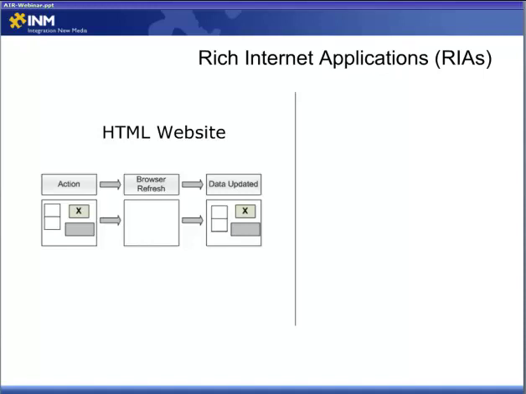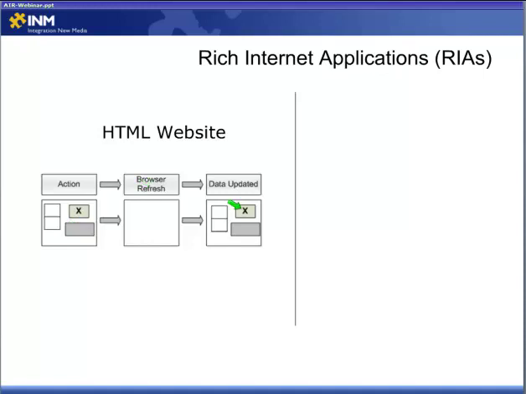So if we look at this particular example, we have an HTML website, so you have an action that's being taken. For example, if a user comes to a website and starts to fill out an HTML form, they may check a box on that form and at the end of the process hit the submit button. What happens in this particular situation with an HTML site is that the call gets sent to the server, and the server then says, oh, okay, check box A, and it refreshes the browser and then updates that form.